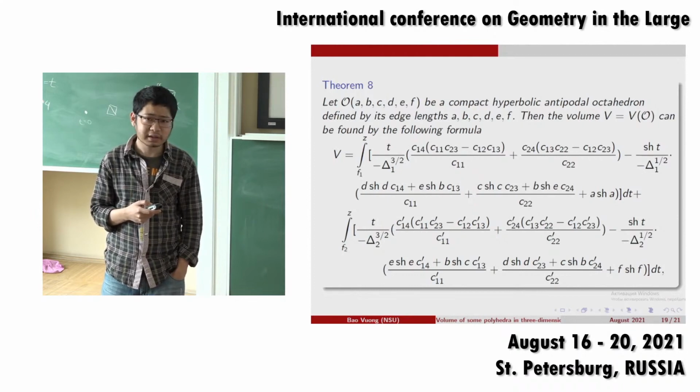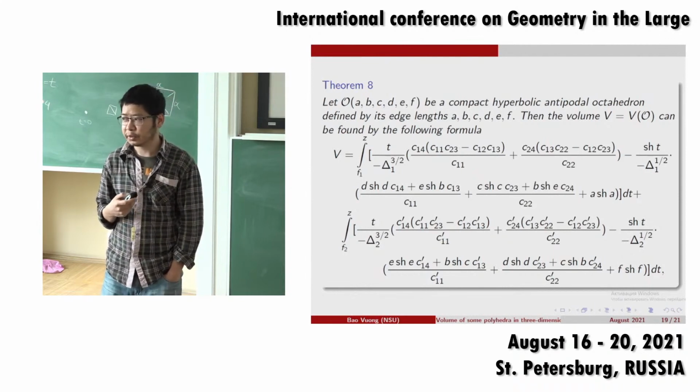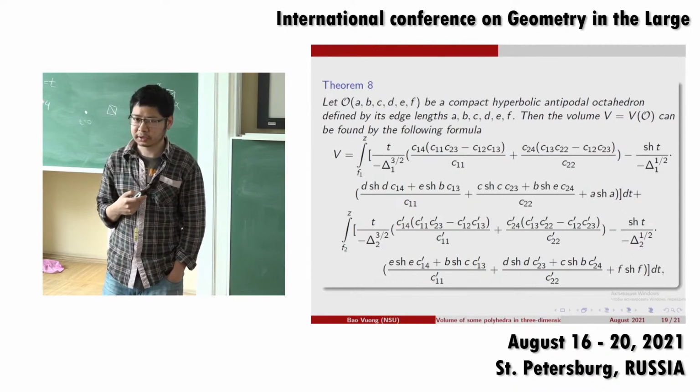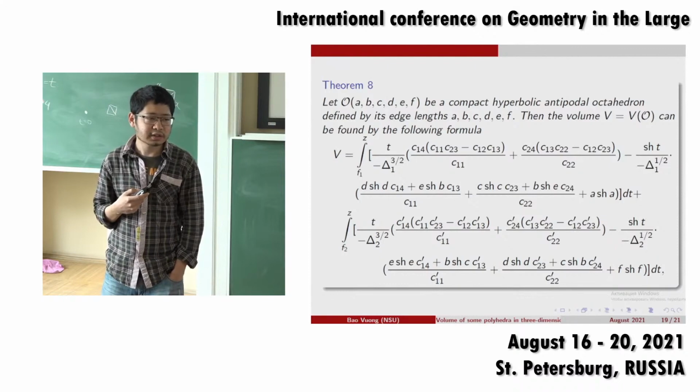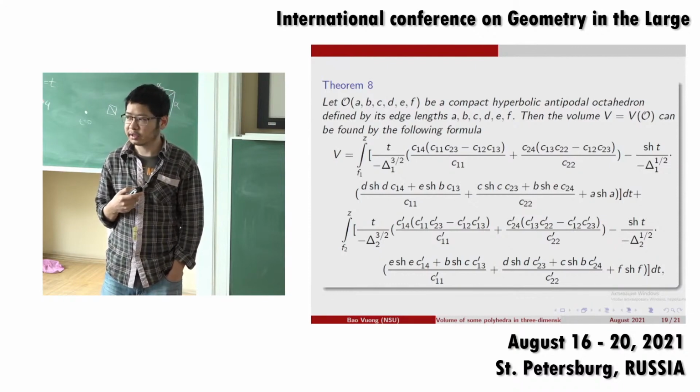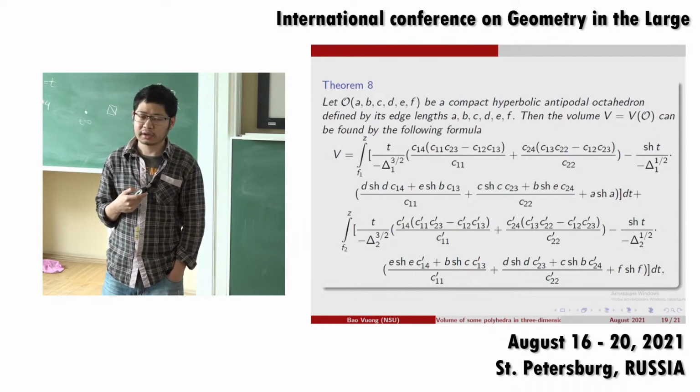But all of this has some obstacles. When we face a general polyhedron, it takes a lot of parameters to define the polyhedron, and the more parameters we have, the more complicated it gets to find relations between dihedral angles and edge lengths.